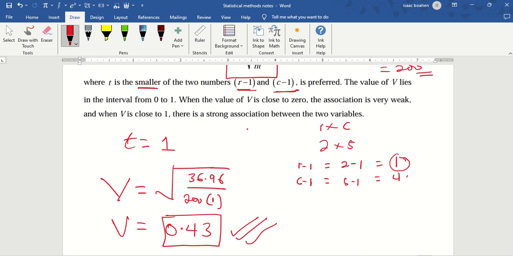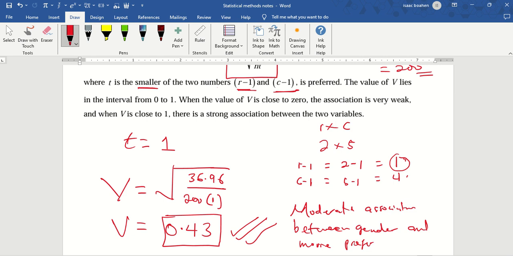So we can see that there is a moderate association between gender and movie preference.